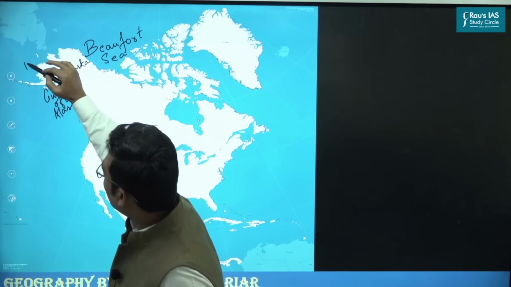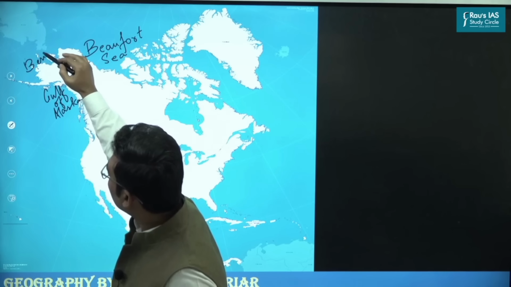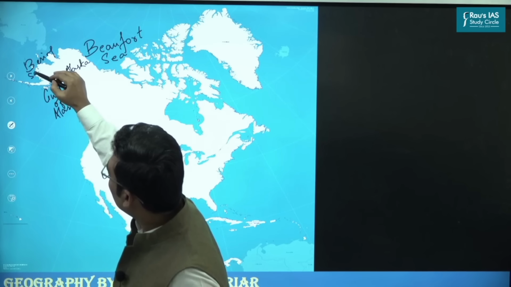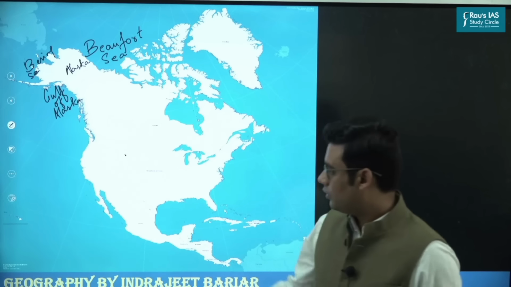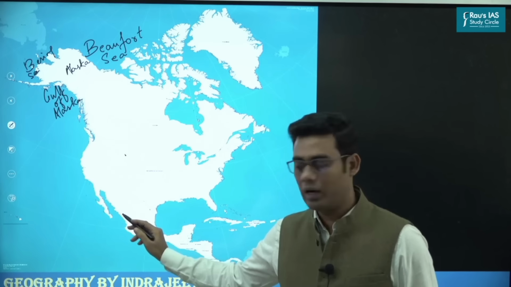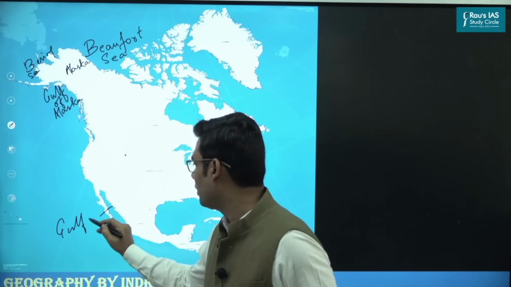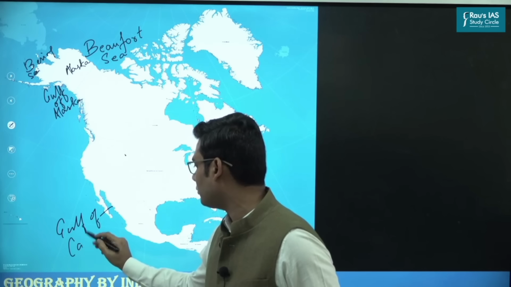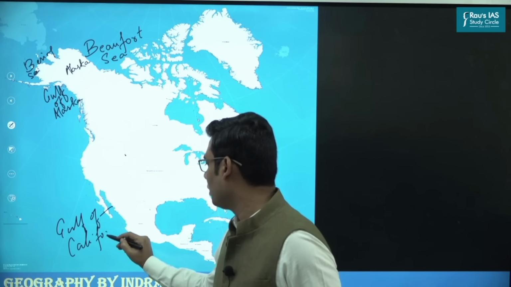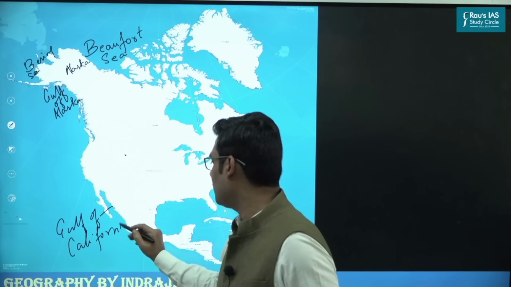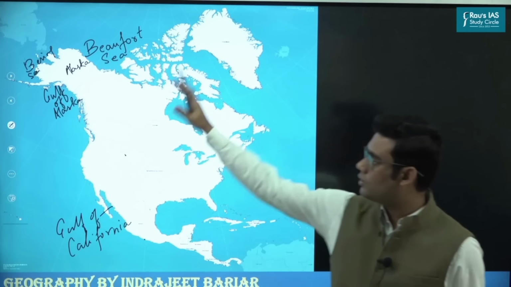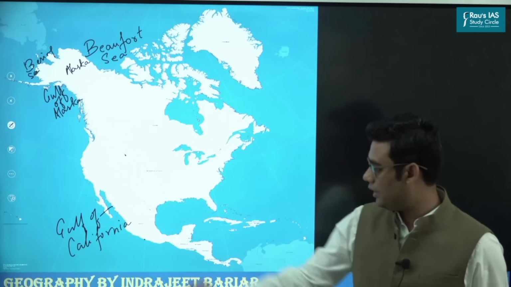In this part, we have what we call the Bering Sea. Then further coming southward, we have the Gulf of California. So this is towards the north and towards the west.